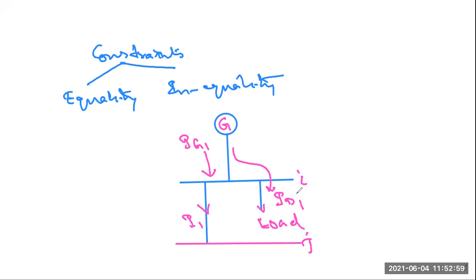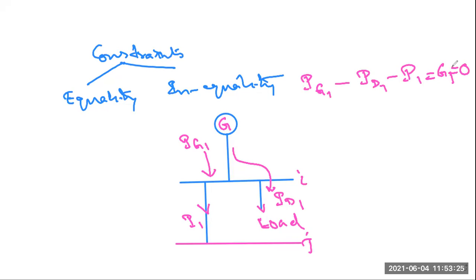The total connected load here is 200 megawatt. So 1000 minus 200, that is 800 megawatt, is remaining. This remaining power will flow into the other bus. So when we write the equation, it is PGi minus PDi minus Pi equal to, let us say, Gi, and it should be equal to 0.